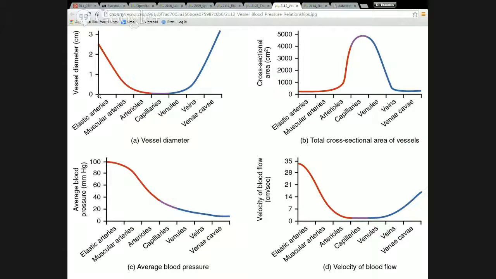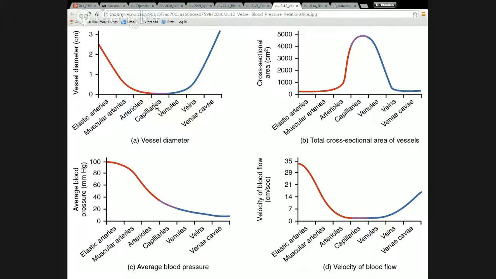And from the heart, we go into the elastic arteries, and then into the muscular arteries, and then into the arterioles, and then the capillaries, and then into the venules, and then into the veins. Vena cava is just another vein. Why it's separated out, I'm not sure. In the previous picture, they had the aorta at the beginning. They didn't put the aorta in here because it is an elastic artery.